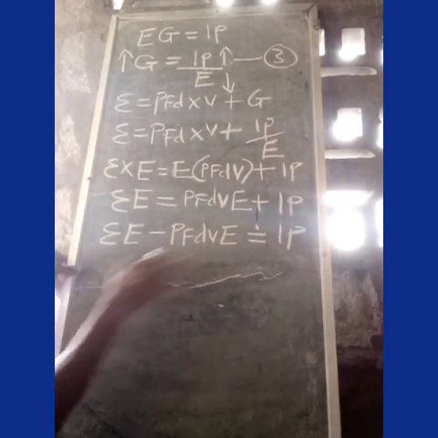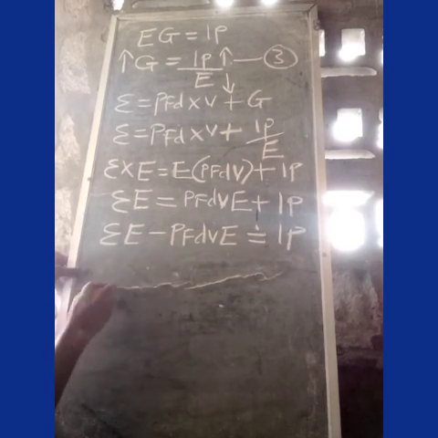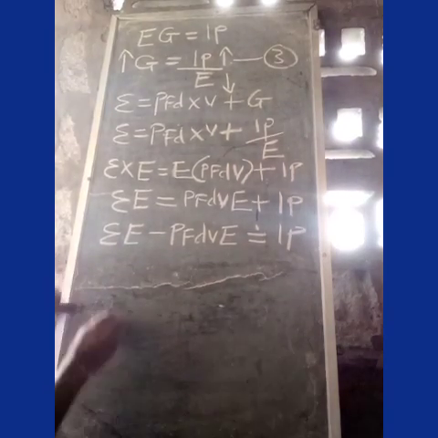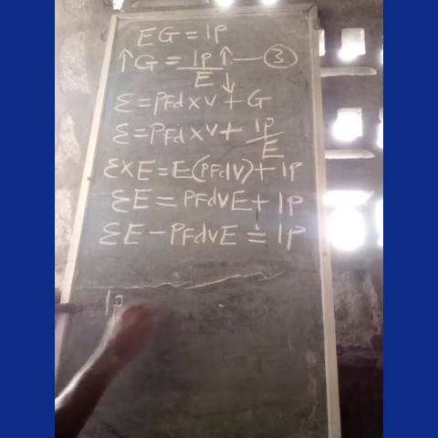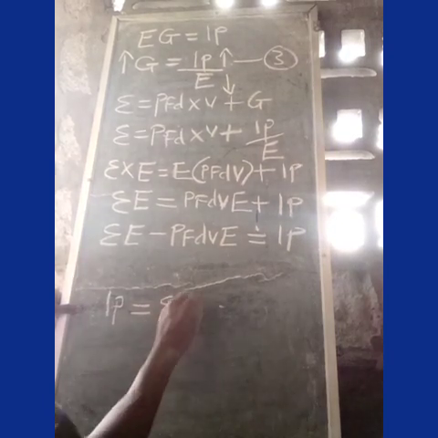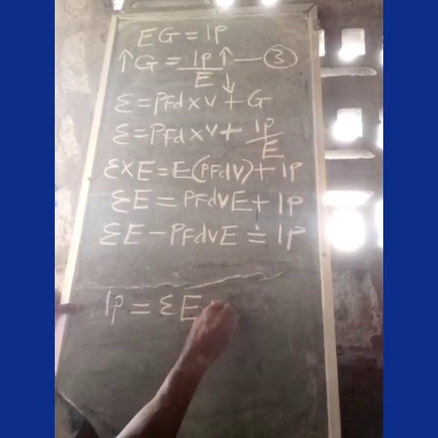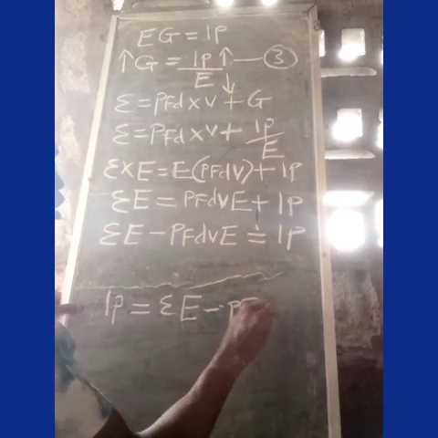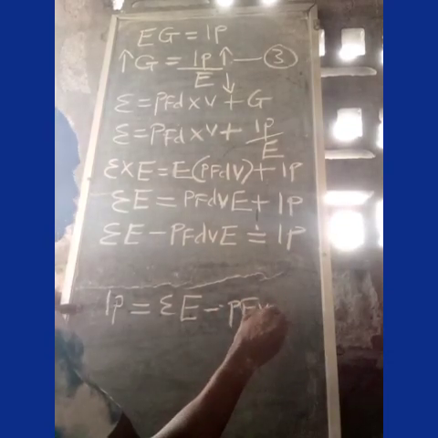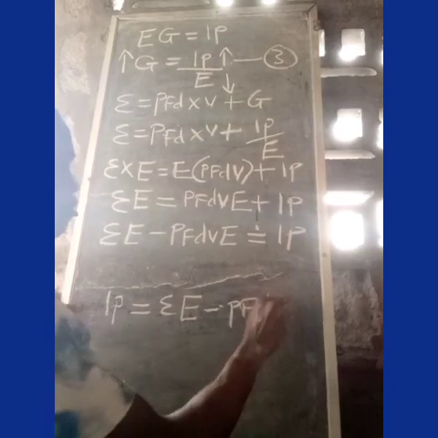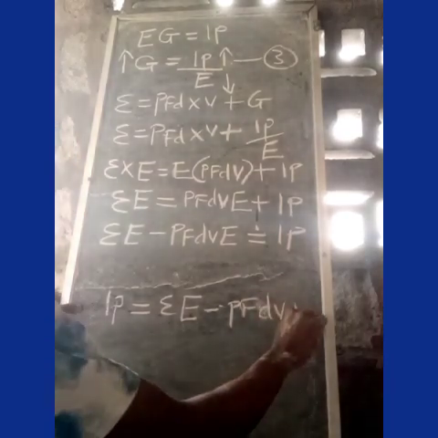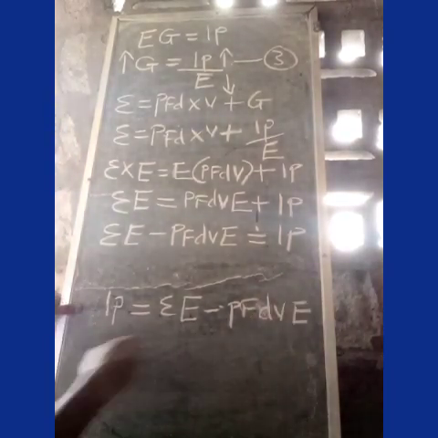This equation is commutative, so IP can be equal to these two. So IP is also equal to big E minus PFDVE.